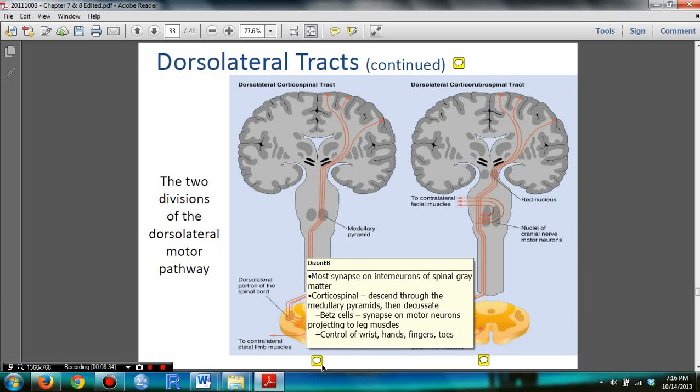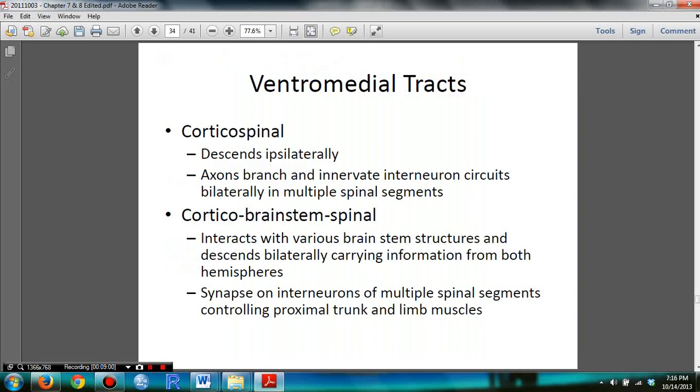For the dorsolateral corticospinal tract, most synapses are on interneurons of spinal gray matter, and the corticospinal tract descends through the medullary pyramids, then decussates. I don't know if I'm pronouncing it correctly. You need to know the bed cells, which synapse on motor neurons projecting to leg muscles, and it controls wrist, hand, fingers, and toes.